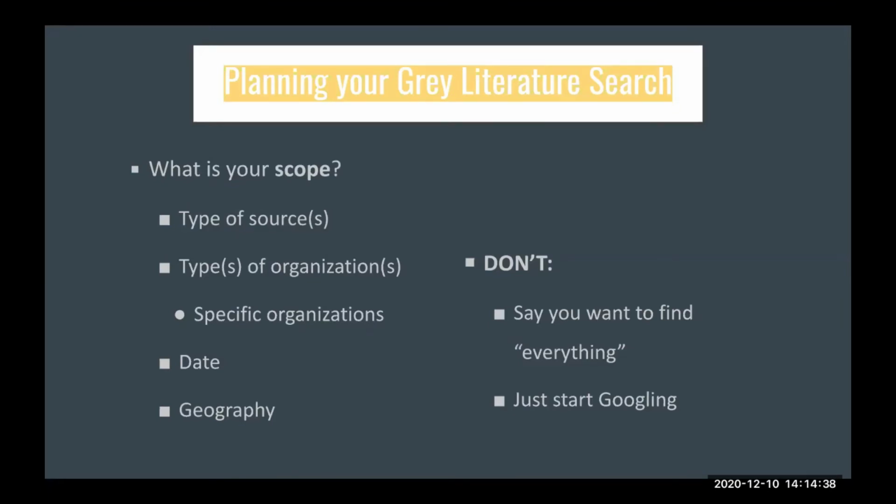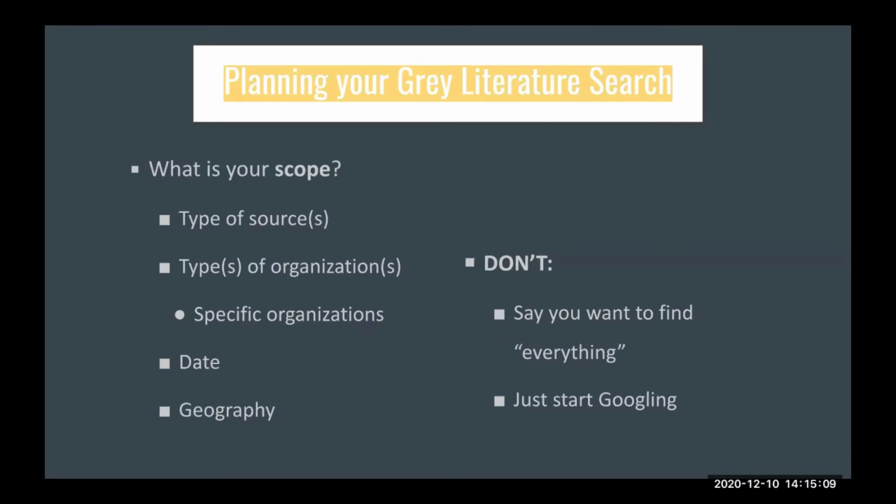However, some materials are more accessible than others. When you are conducting a review, or just a search for information, whether it's a systematic review, literature review, or again just a search for information, you don't want to say to yourself, okay, I'm going to do a gray literature search. You want to tell yourself, okay, I'm going to search for this type of information.